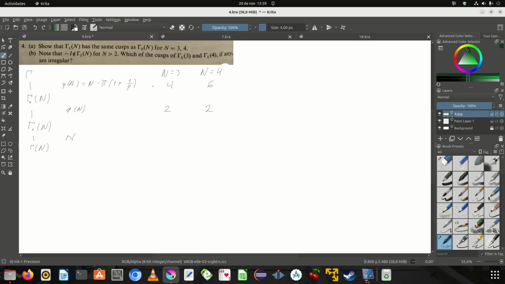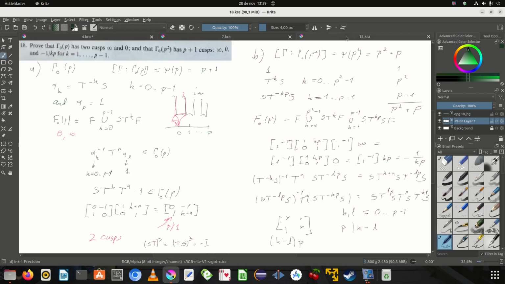We already know the cusps of gamma naught. We did that in problem 18 in section 3.1. And it was just infinity and naught, the only two cusps.